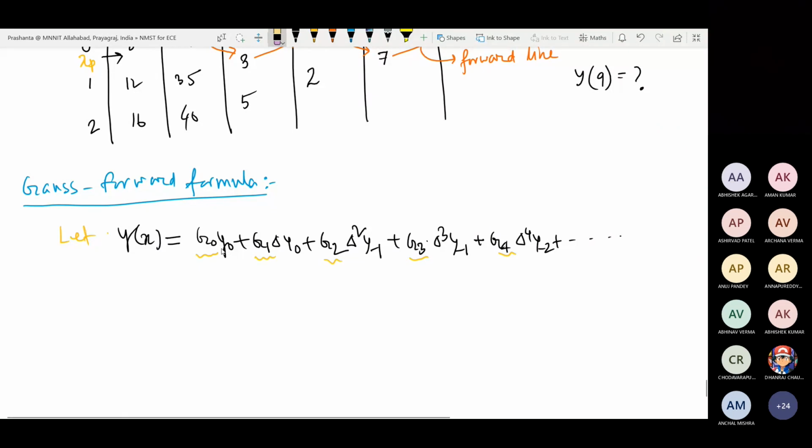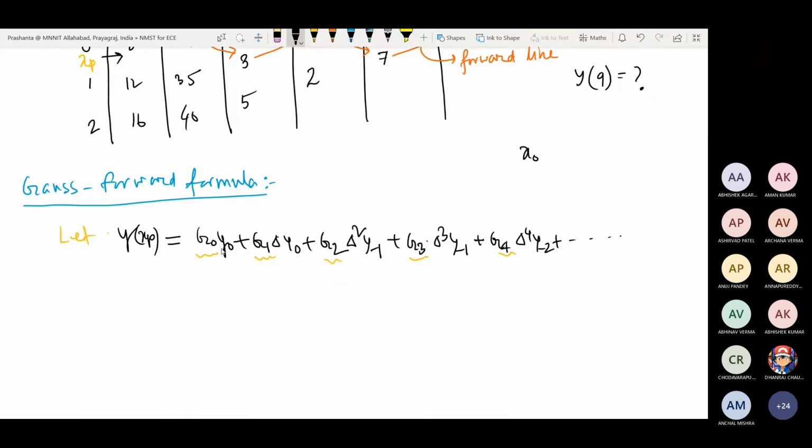So that x I am denoting by xp, f of xp, so y of xp. Now, what is xp? xp will be x naught plus p into h. p will depend on xp. x naught is chosen as the center.